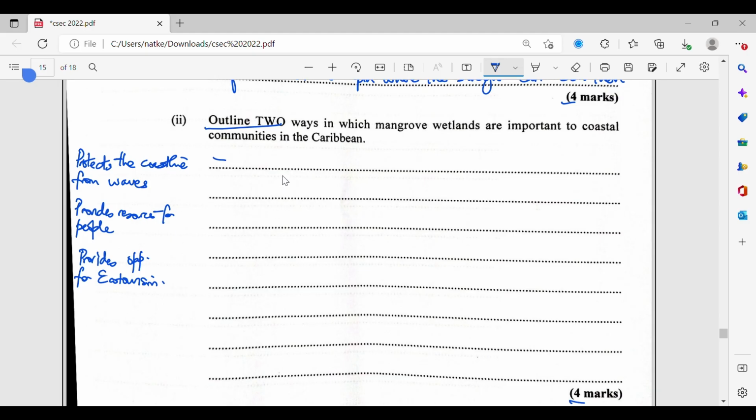So we can say that mangrove wetlands, I will write it again so that you can get a chance to see what it could potentially look like.